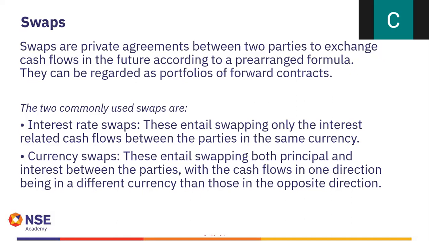Since both of them had a different view about the future, the 8% guy is of the opinion that it will go to 11% or 12%, and the other person had the same opinion, but he has agreed to go for this particular person's transaction. So in this way the interest rate swaps happen, and they are not very common in India as of now. They basically happen in the US markets.